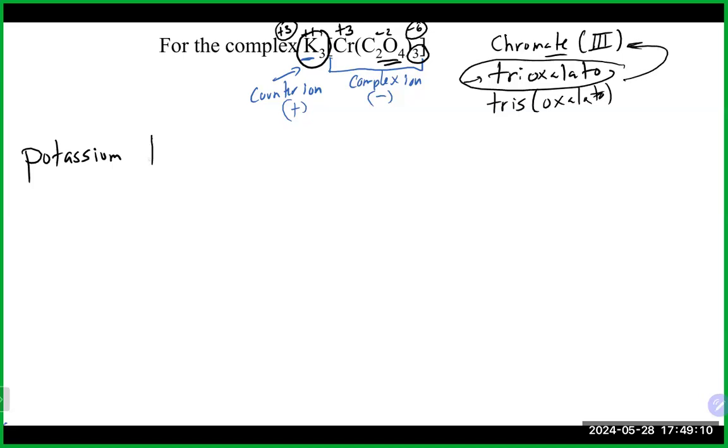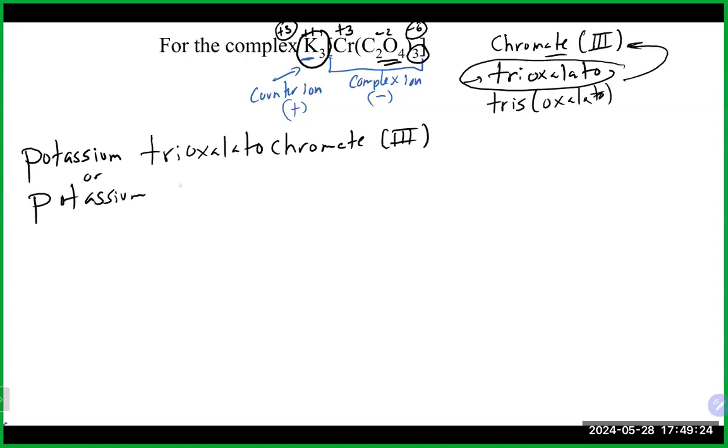So that would be potassium trioxalatochromate, Roman numeral 3. Or again, if you want to use the other one, potassium tris(oxalato)chromate(III). For oxalate, sometimes people will use that tris prefix. In this case, chromate 3.